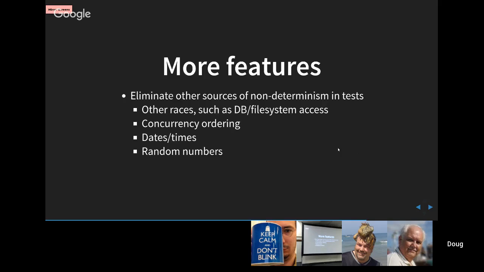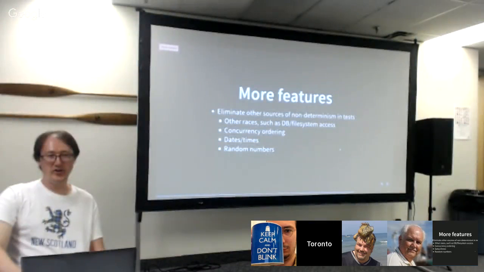Well, you could stub that out and say always pretend I'm running at noon, no matter what time it's actually started at, and without requiring root access to change the clocks or anything like that. Another thing is random numbers. You can make it so that /dev/urandom always returns the exact same sequence of bytes every time you read from it. So you can enforce a lot of determinism, which is useful for testing.